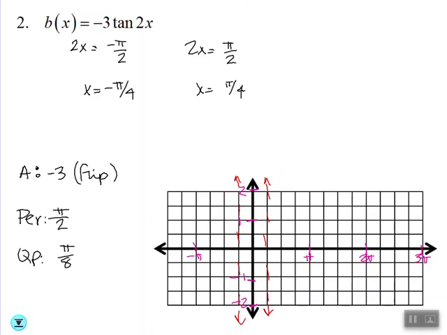Since our a value is negative 3, we are going to flip the graph so that it is decreasing. It has a negative slope on this curve. Since our quarter period is pi over 8, I need to have points about halfway between this block. And since a is negative 3, then that means that these next 2 points need to be at positive and negative 3.